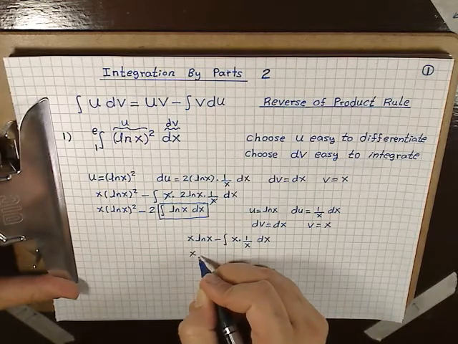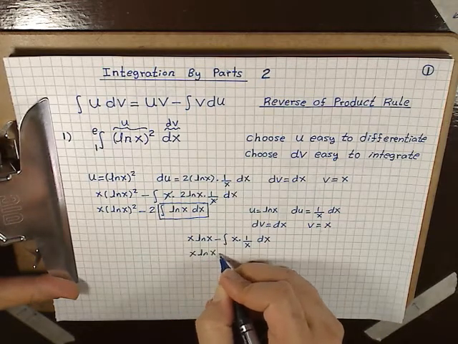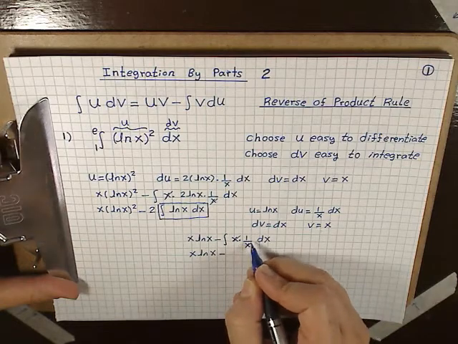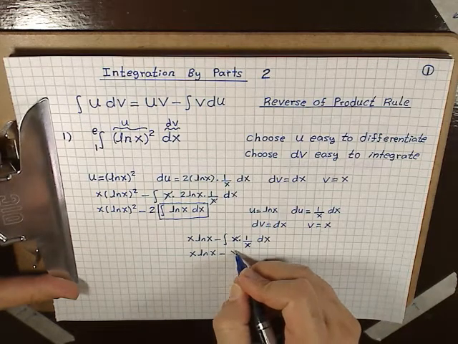We get x ln x minus, the x's cancel out, the integral of 1 dx, that's just x.